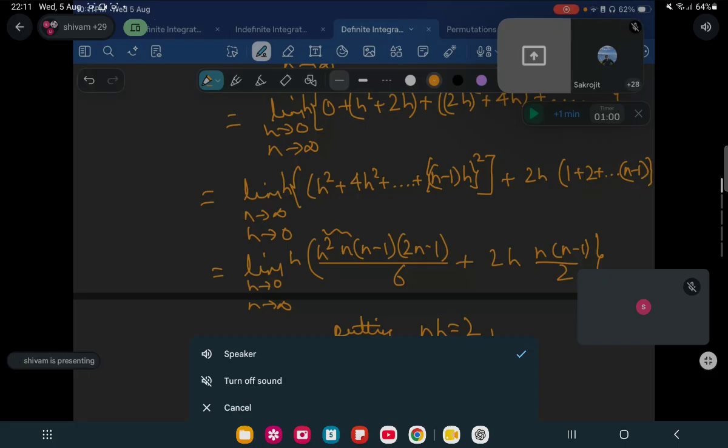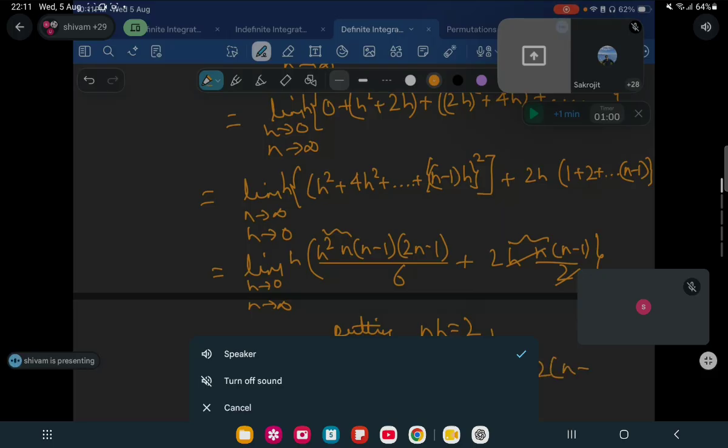Within brackets, nh is equal to 2 will get 2 into 1. h will remain, h into (n minus 1) into (2n minus 1) by 6. Over here, nh is equal to 2, so these two and these two will get cancelled. You are going to get 2 into (n minus 1).